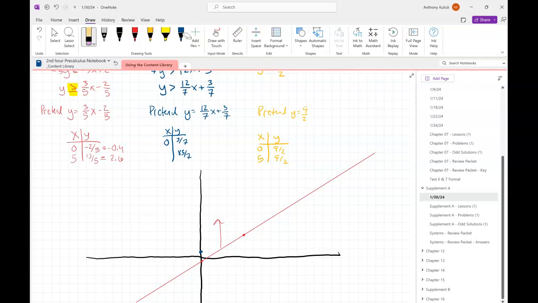I'm already sick of this. I'm picking a different number here. 3, and then that's going to be 39/7. That's much better. That's just a little less than 6. So maybe I got something like that.